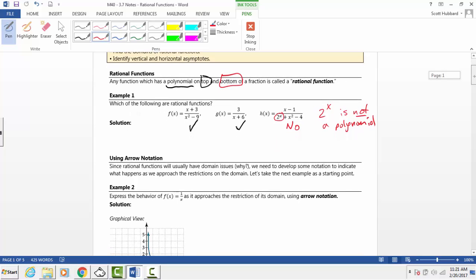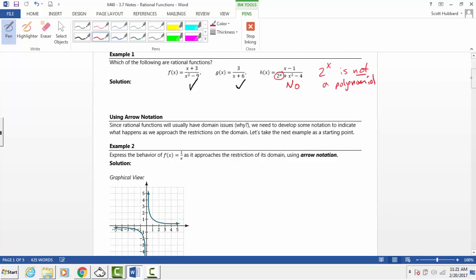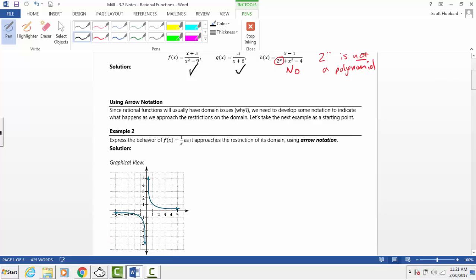Okay, so now that we know what makes up a rational function, I want to give you just a broad overview. All rational functions typically have what we call a vertical asymptote, and that happens when we could divide by 0.